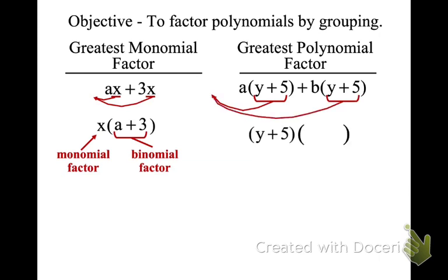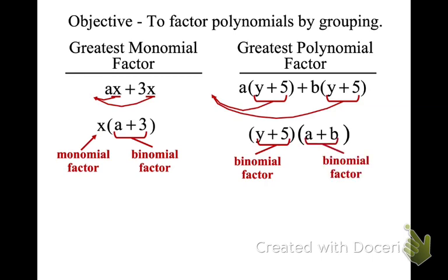One time. And then we put everything else that's left in the other parenthesis. I divided a y plus 5 out. What was left is the a in the first one and the positive b in the second one. Here, in this case, we have a binomial factor times a binomial factor.